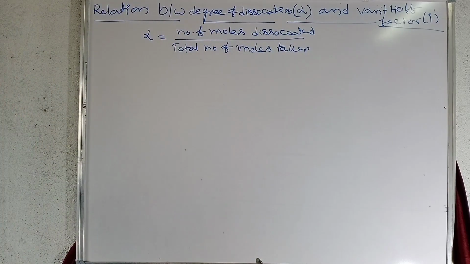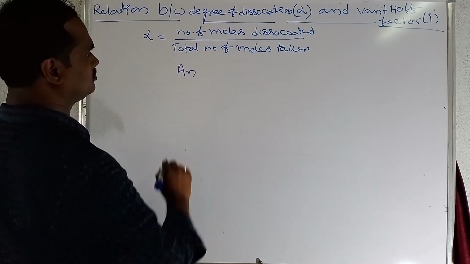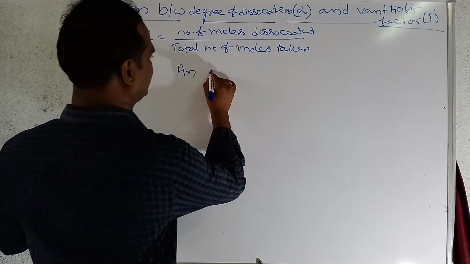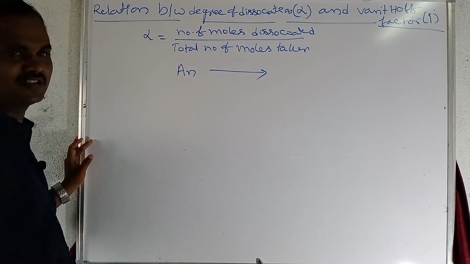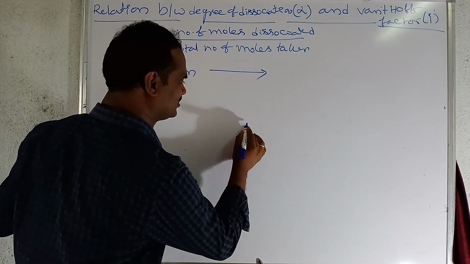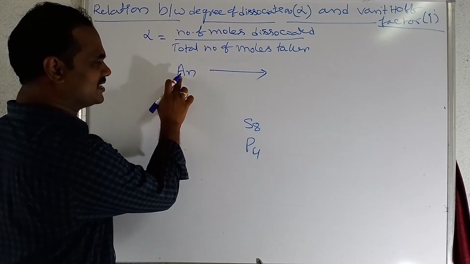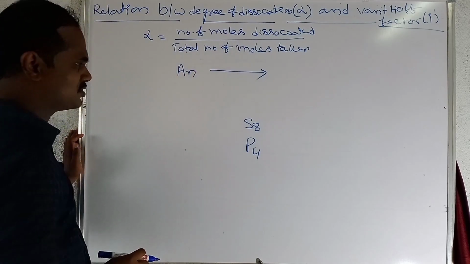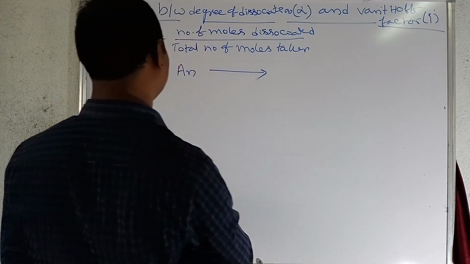Here, A suffix n molecules are taken, like S8, P4. A indicates the element, and n means that many atoms are present.